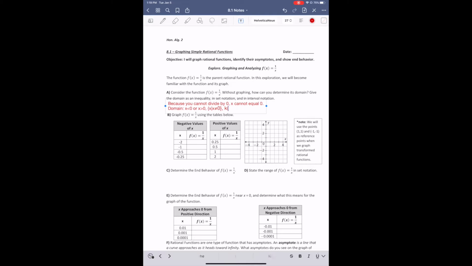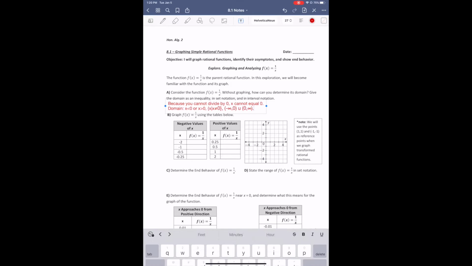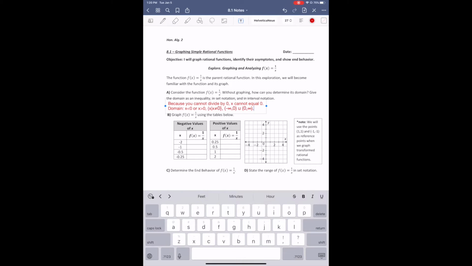We're going to start with parentheses from negative infinity up to 0, not included, so we use parentheses, joined by, or union, and then from 0 to positive infinity. So that would be the domain for this function. Now let's go ahead and graph it and explore what this graph would look like.